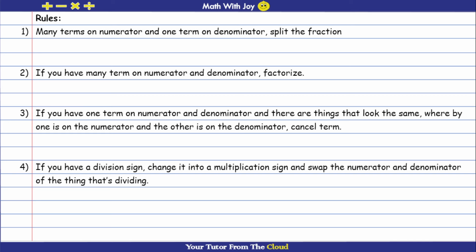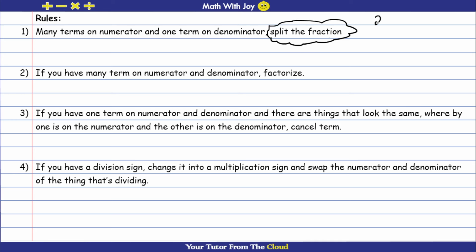So the first rule, number one over here, says that if you have many terms in the numerator and you have one term in the denominator, what you can do is split the fraction. I'll give you an example here.